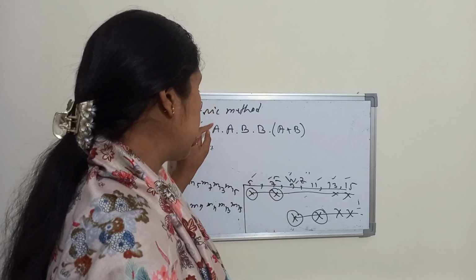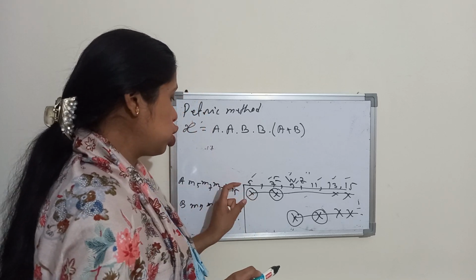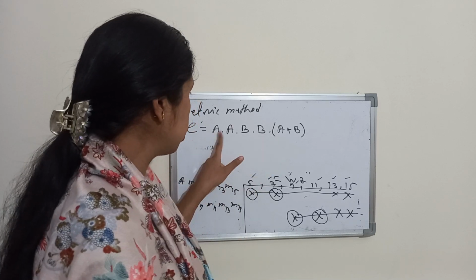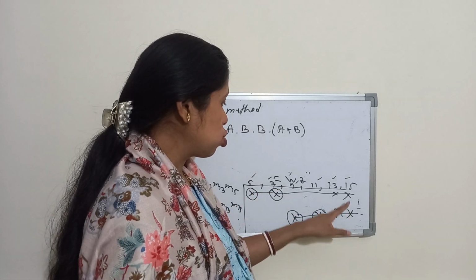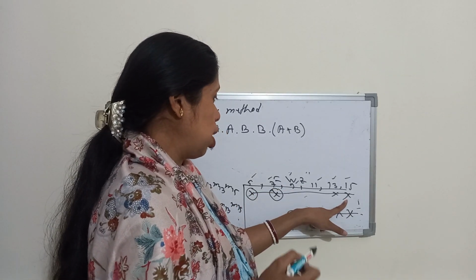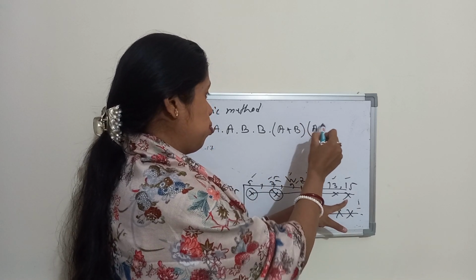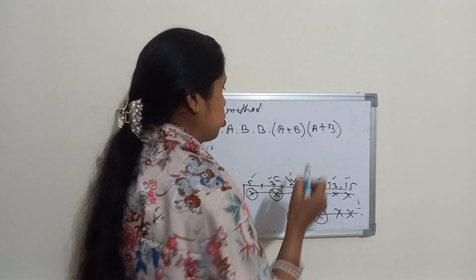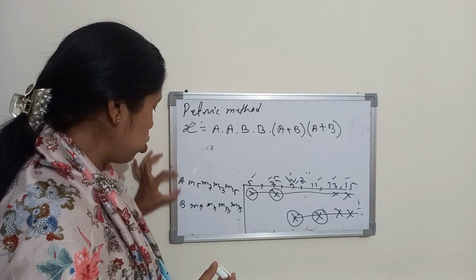Which value should be in that column depends on the position, that is, in which row. Row number I am writing here. These are my row numbers. Now the last column also: this x is in the A row and this x is in the B row. Again I am telling, this is the A row, this is the B row.